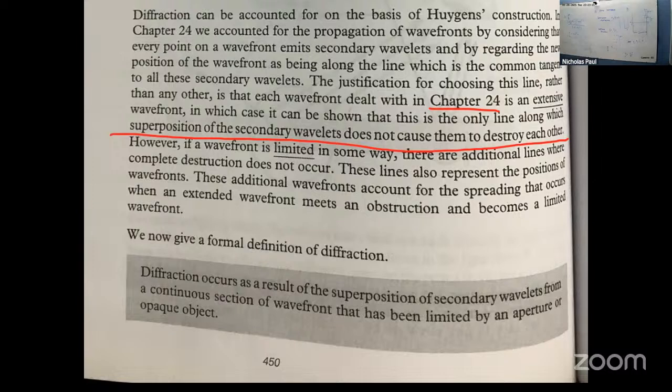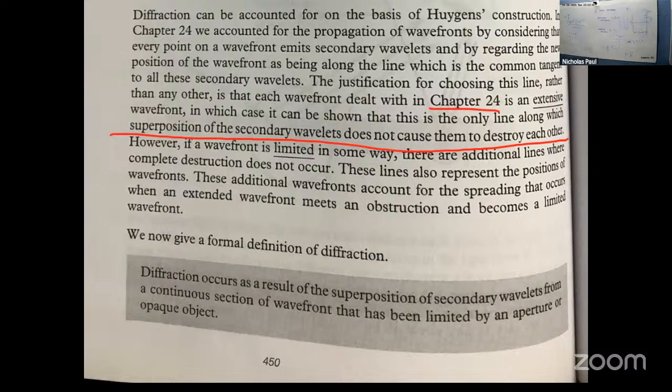However, if a wavefront is limited in some way, there are additional lines where complete destruction does not occur. These lines also represent the position of the wavefronts. These additional wavefronts account for the spreading that occurs when an extended wavefront meets an obstruction and becomes limited.